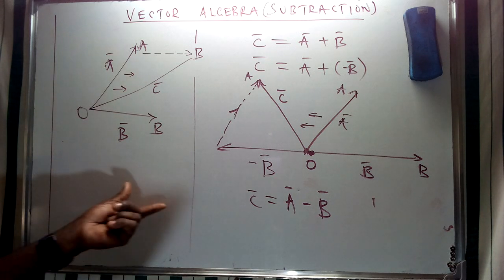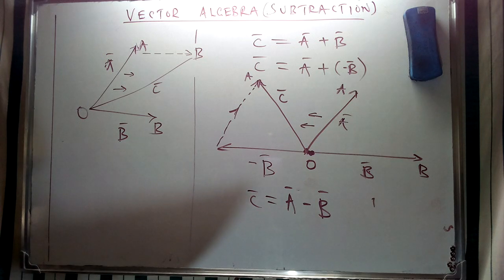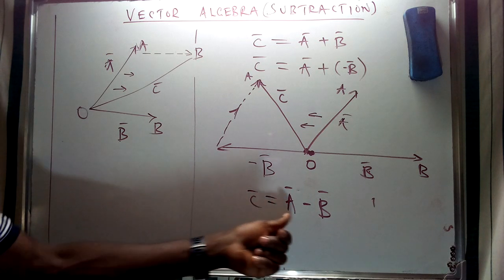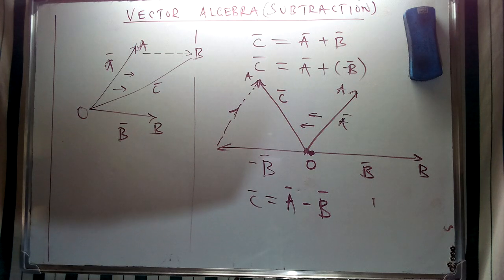Among others, we have seen that the basic rules for subtraction of vectors follow the rules of addition, only that the negative sign changes the direction, as we have already indicated.